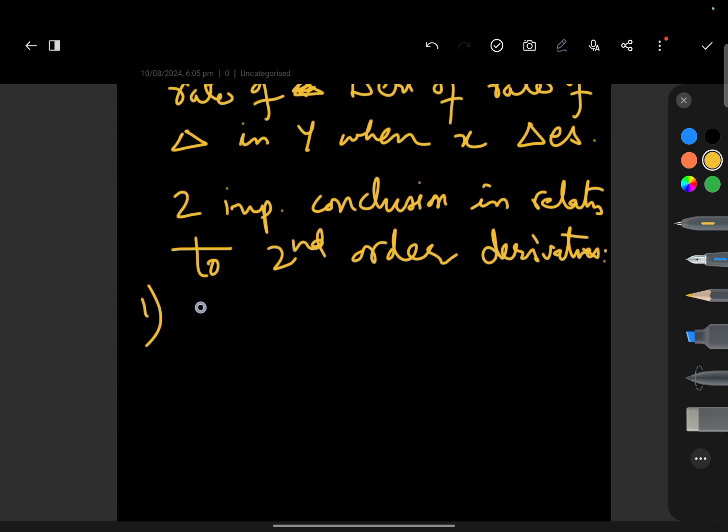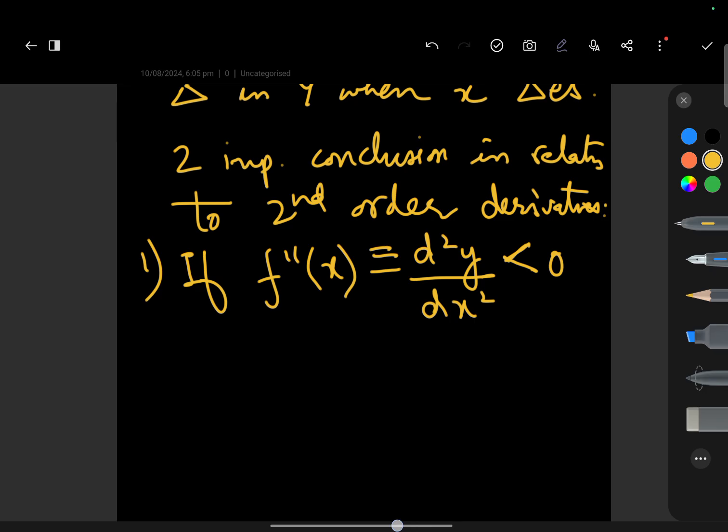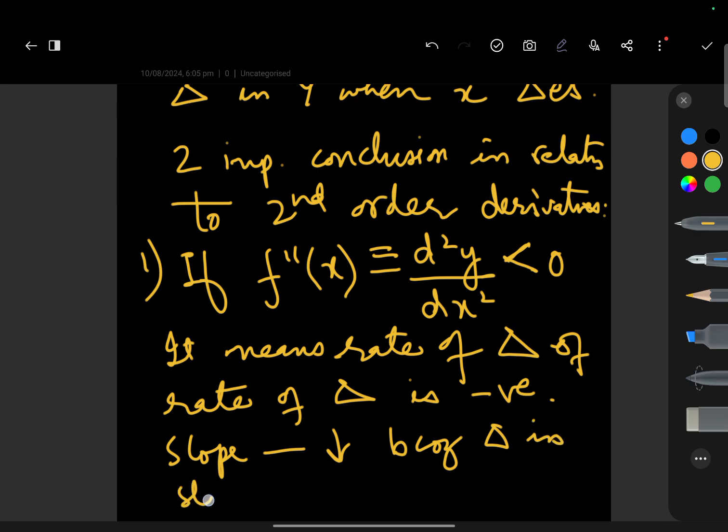First is, if f double prime x is equal to d square y upon dx square is less than 0, it means the rate of change of the rate of change is negative, so the slope of the curve tends to decrease, because the change in slope of the curve is negative.